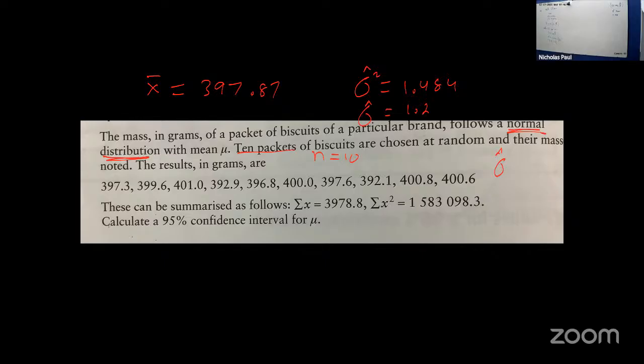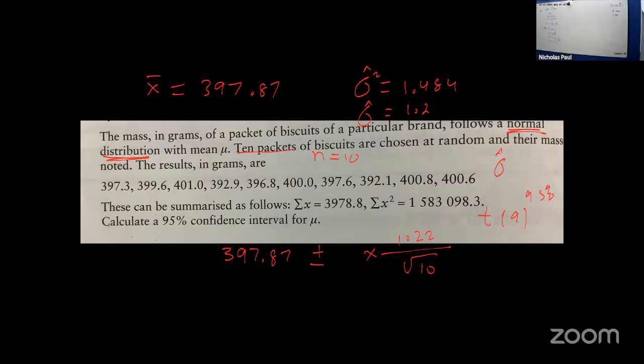And then go right ahead and work it out. So it will be your 397.87 plus and minus the value we have, 1.22 over the square root of 10. The critical value now is from a T distribution with how many degrees of freedom? 9 degrees of freedom, and it's a 95% confidence interval we're trying to get.